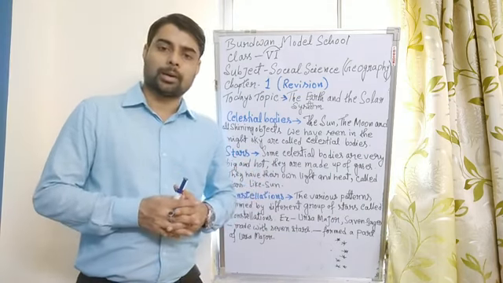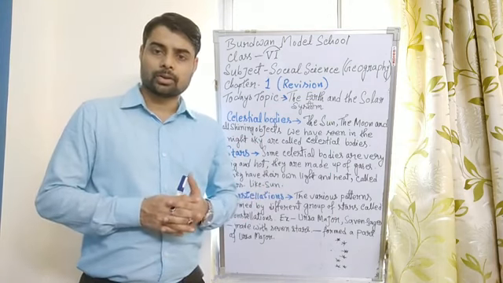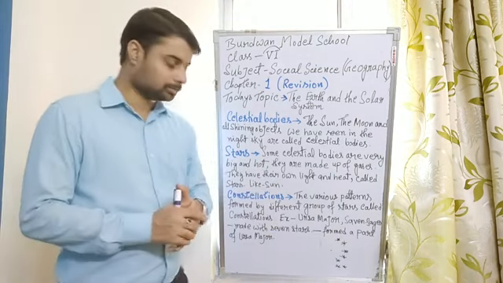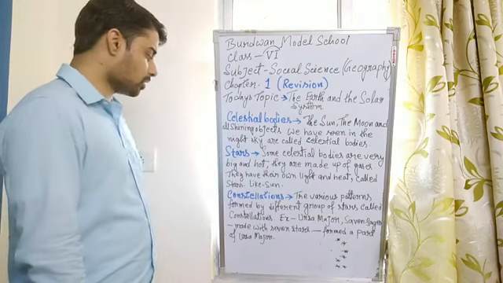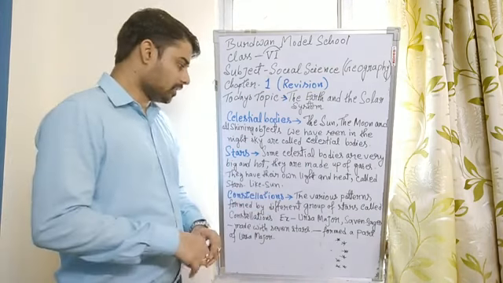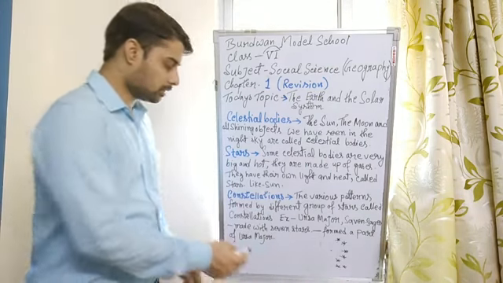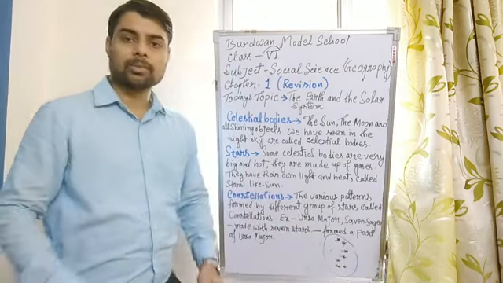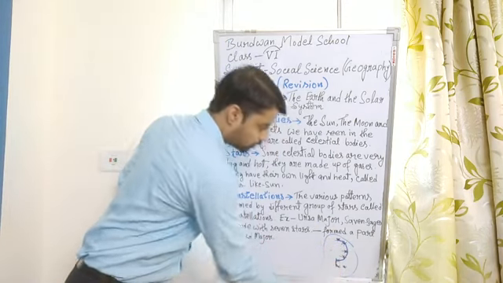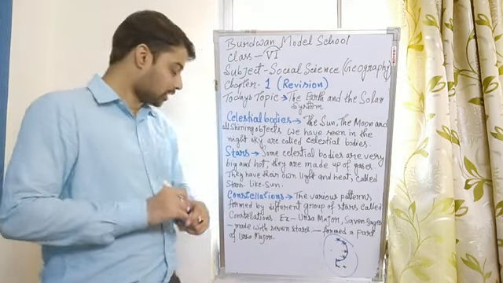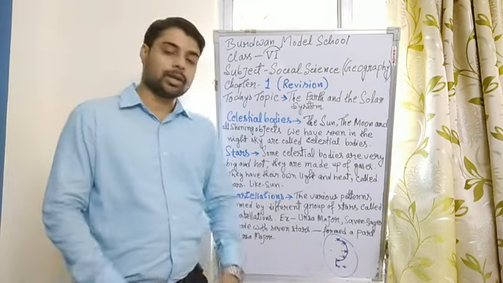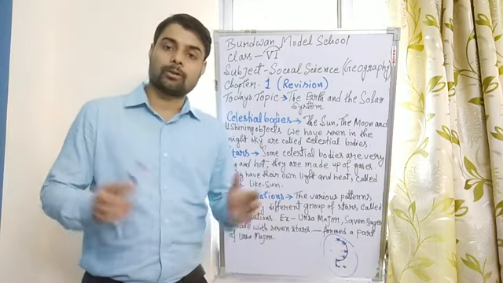It is made up of a group of seven stars and forms a part of the Ursa Major or Big Bear constellation.